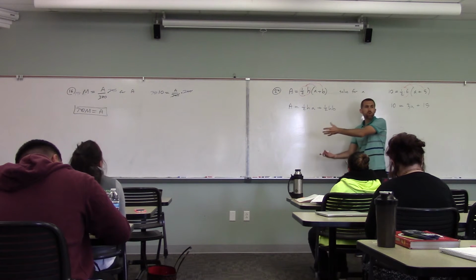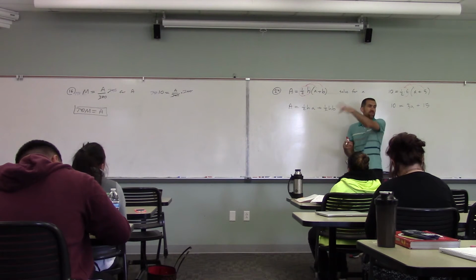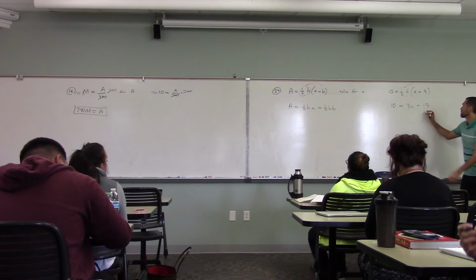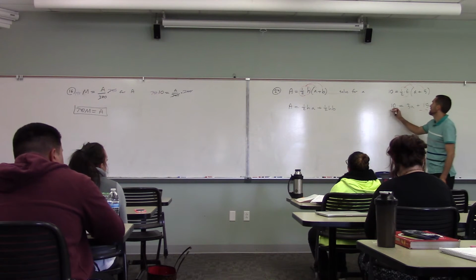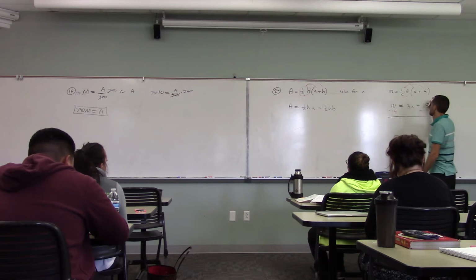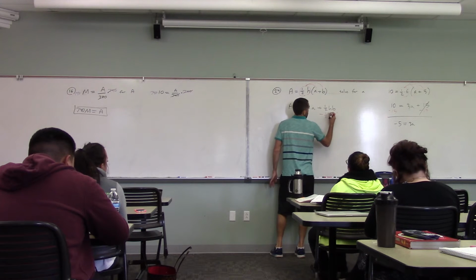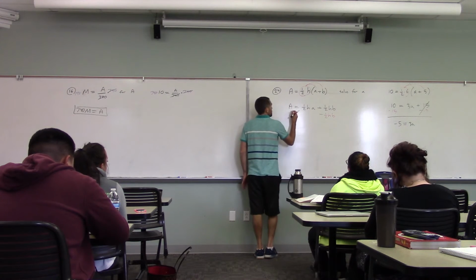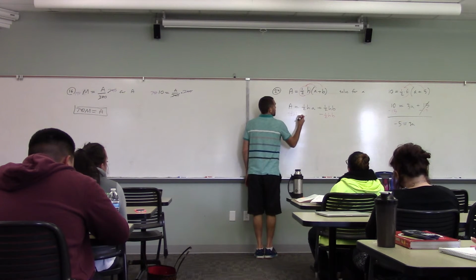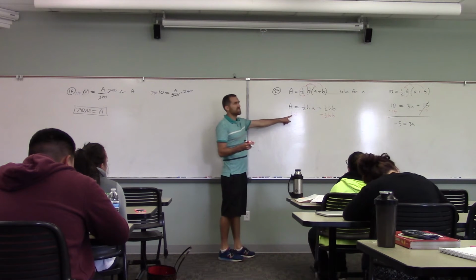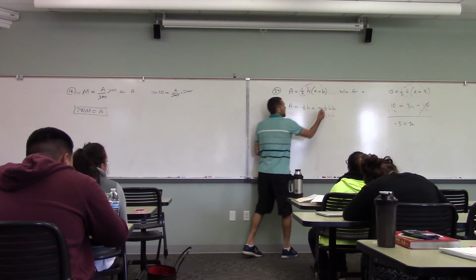So our first rule is put all the a's on one side and put all the other junk on the other side. So over here, we're gonna subtract 15, subtract 15. So this gives you 3a equals -5. So over here, subtract whatever this term is, who cares what it is. And look, big A minus this doesn't combine, so we're done with that.